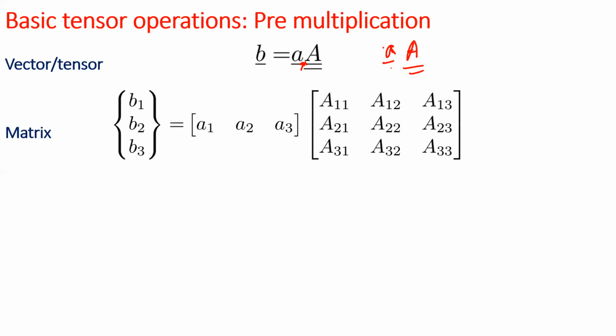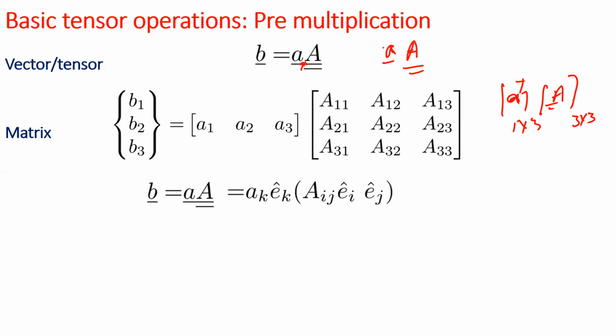So you're essentially doing a transpose times A. a transpose is 1 by 3, A is 3 by 3. Right? And let's work it out using indicial notation. This is what we have, a times A. And I'm using the same approach, expressing a in indicial form and the tensor also in terms of its dyads.